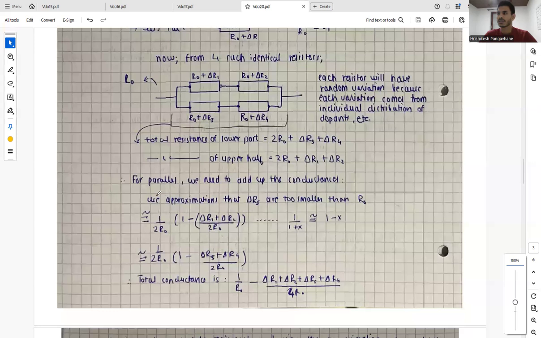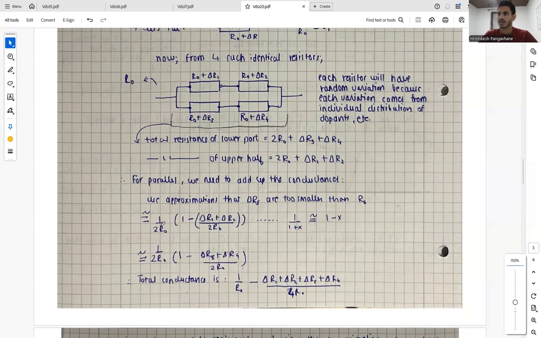So what we do is we use an approximation that ΔR is much smaller than R naught, as these errors are much smaller than the actual value of the resistance. So the approximation we take is 1 upon 1 plus x is nothing but 1 minus x, when x is very small.